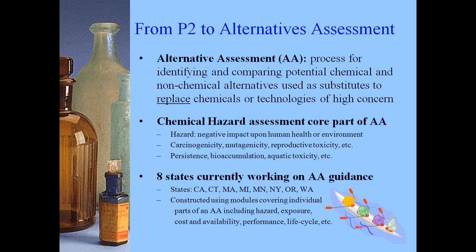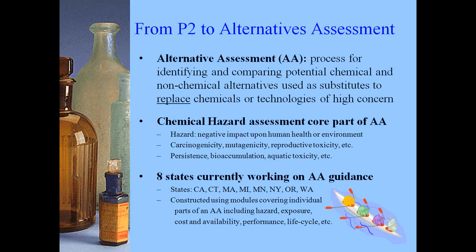I will just mention quickly that there are 8 states currently working on an alternative assessment guidance document. And I will provide some links at the end of this presentation if you're interested in it. In there we can talk about what the different components of an alternative assessment are and how you construct an alternative assessment, because it's not one tool fits all.